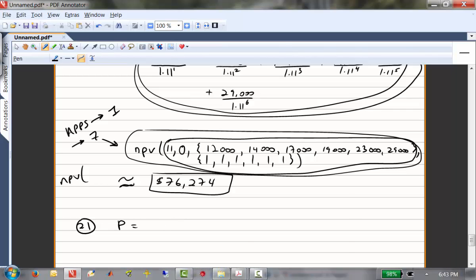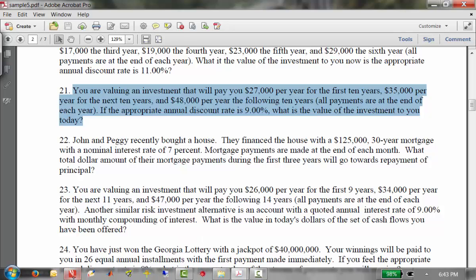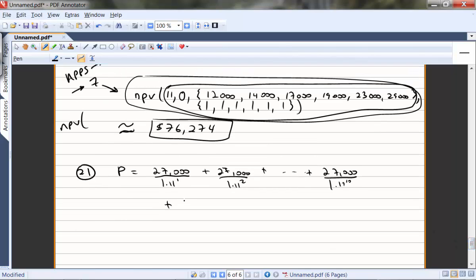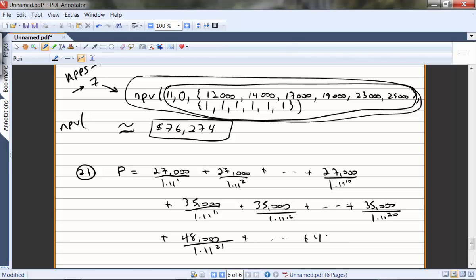You're going to find that you're going to be doing this calculation: 27,000 divided by 1.11 to the power of 1, plus 27,000 divided by 1.11 to the power of 2, all the way to 27,000 divided by 1.11 to the power of 10, plus 35,000 divided by 1.11 to the power of 11, plus 35,000 divided by 1.11 to the power of 12, all the way up to 35,000 divided by 1.11 to the power of 20, then 48,000 divided by 1.11 to the power of 21 all the way out to 48,000 divided by 1.11 to the power of 30. 27,000 the first 10, 35,000 the next 10, 48,000 the final 10.